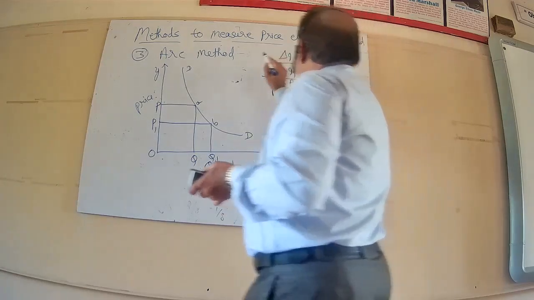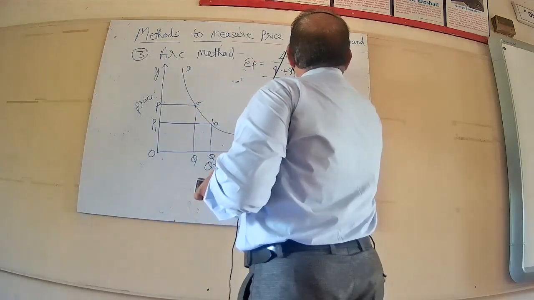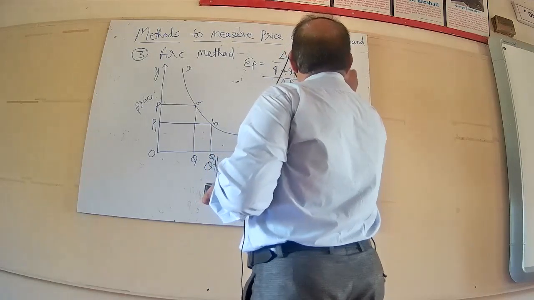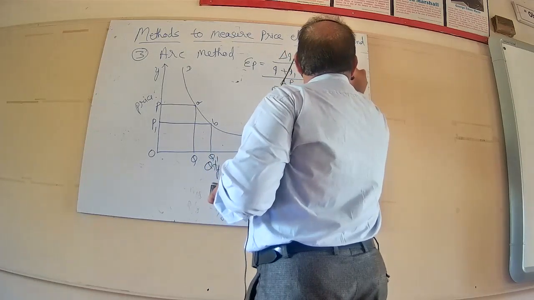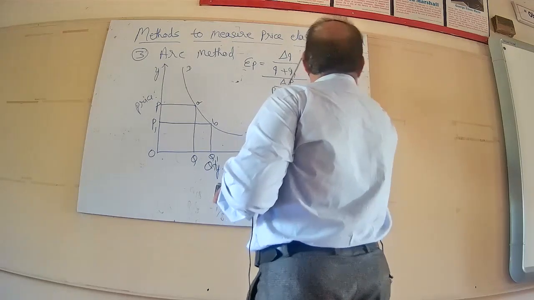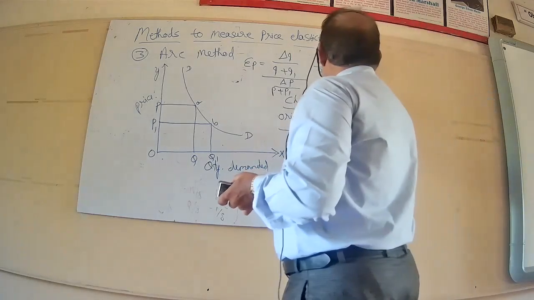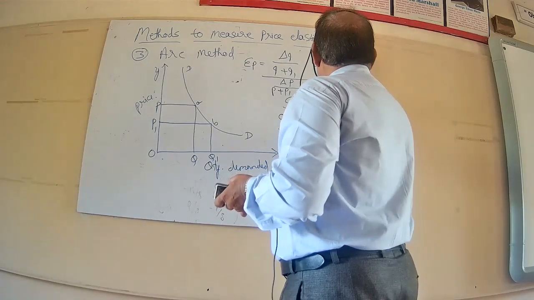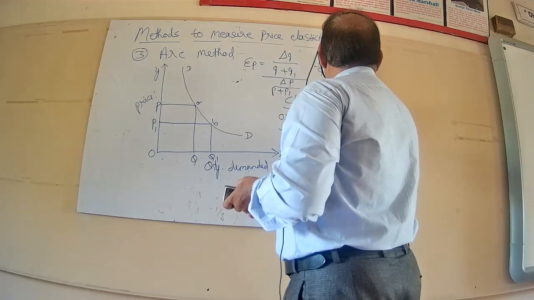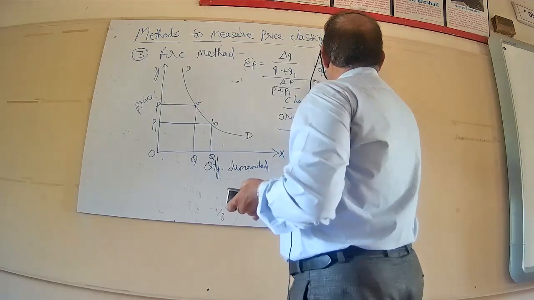So EP is equal to, simplify it further, delta Q upon Q plus Q1 into P plus P1 divided by delta P. Bring delta one side. Finally, delta Q upon delta P into P plus P1 divided by Q plus Q1.